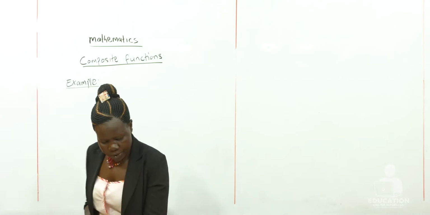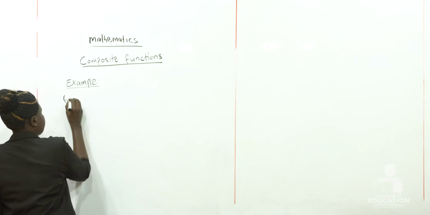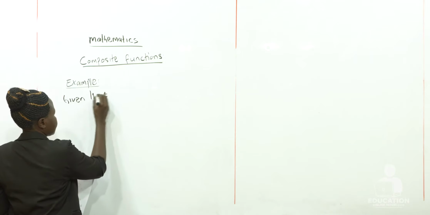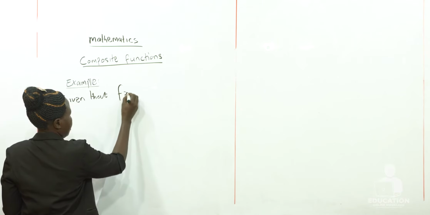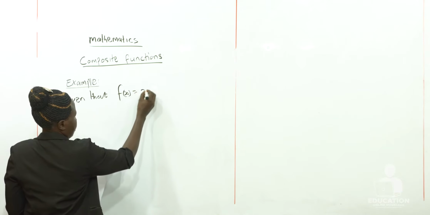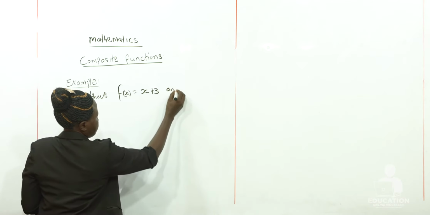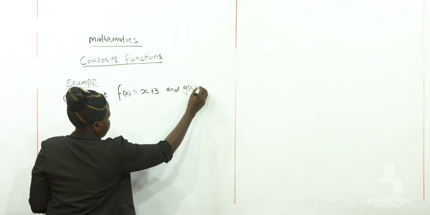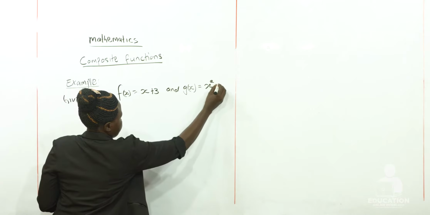So our question is, given that f(x) equals x plus 3 and g(x) equals x squared minus 1.